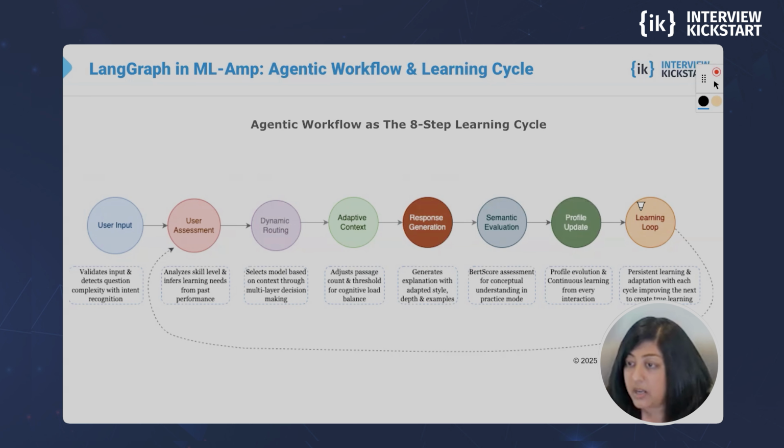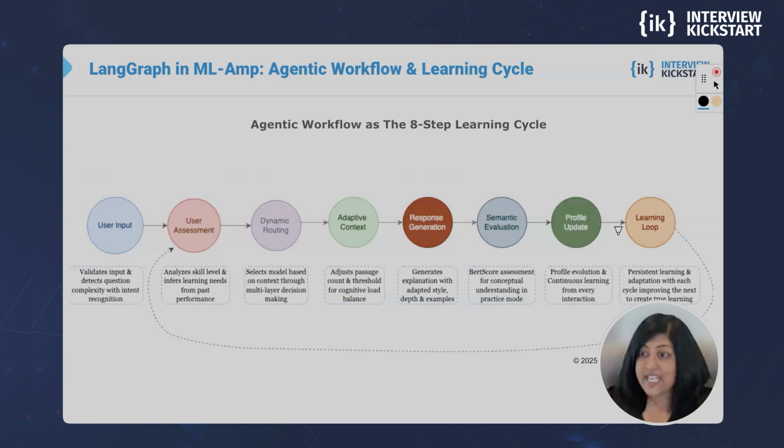All of these together form the learning cycle where the user is being consistently assessed and being routed to the right model. The context is being adapted based on their learning needs, the response generated accordingly, and evaluated as well to see how their responses matched up to the expected response, and their profile is being updated to record their performance for the current question in a practice session.